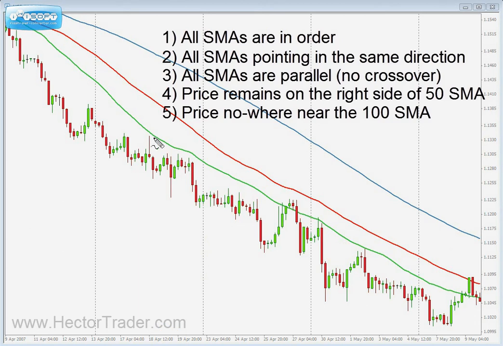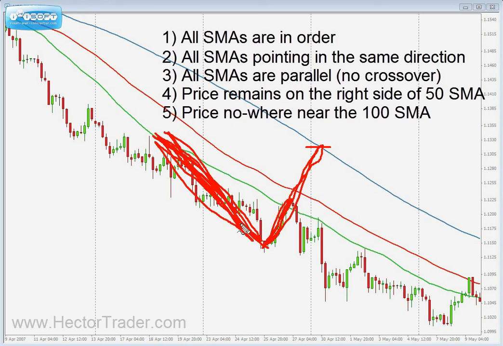Let's assume, for example, this last swing I'm marking right now on my screen, followed by this pullback. If we were to reach the 100 simple moving average, that means that the pullback would have been, in most cases, as long or almost as long as the previous thrust, the previous swing in the direction of the trend.